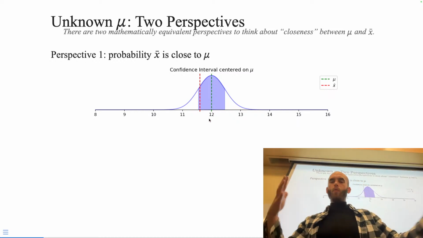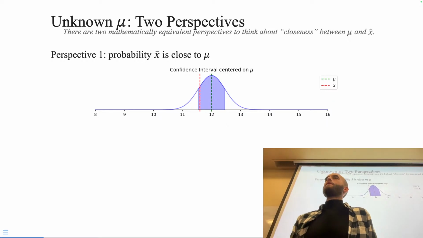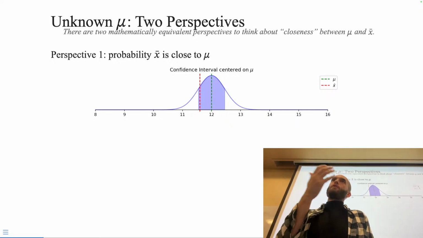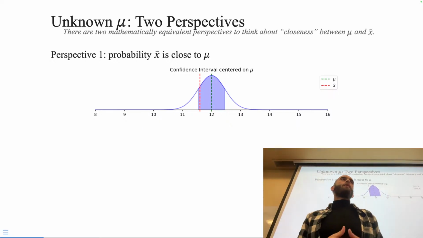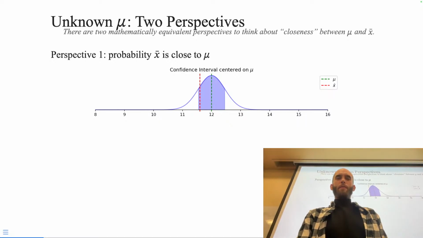We can check whether our x bar is within a confidence interval that's centered on the truth. And this is how we did the probabilities last time. So we walked through some random variables, and I asked you some questions about how far away certain things were, using the knownness of the sampling distribution.